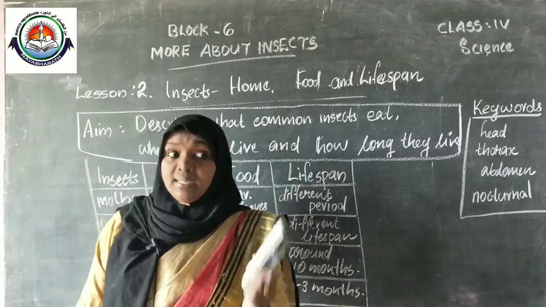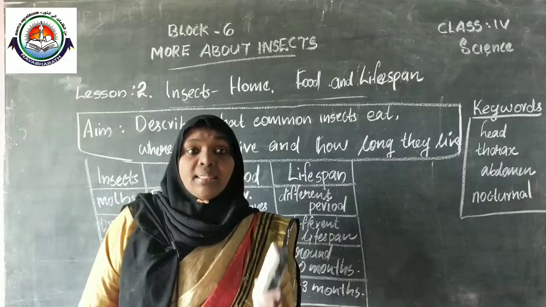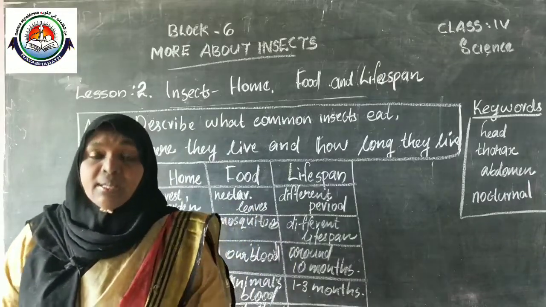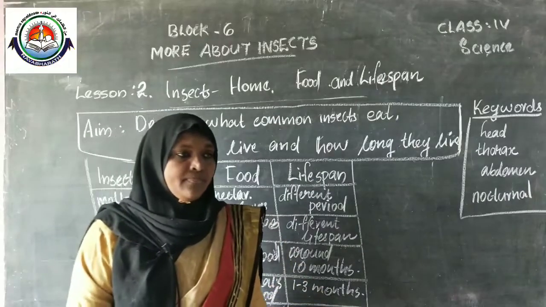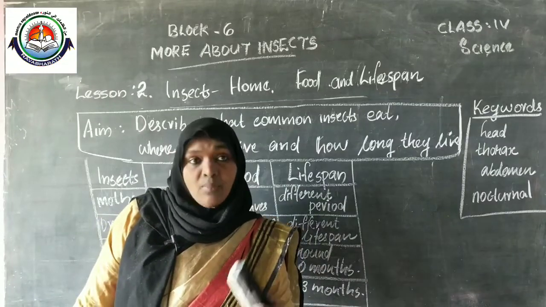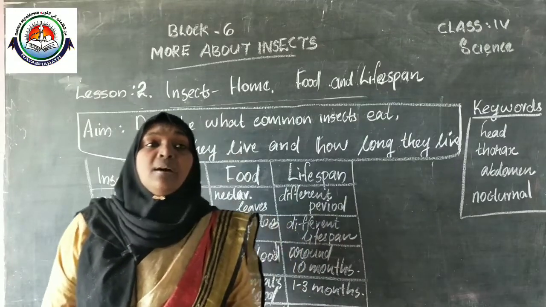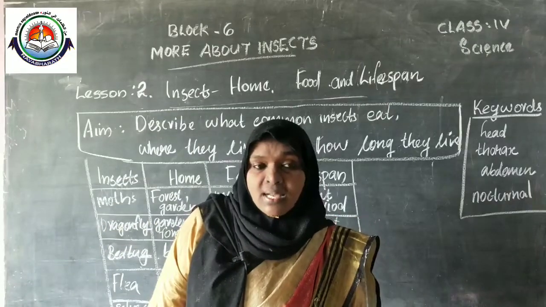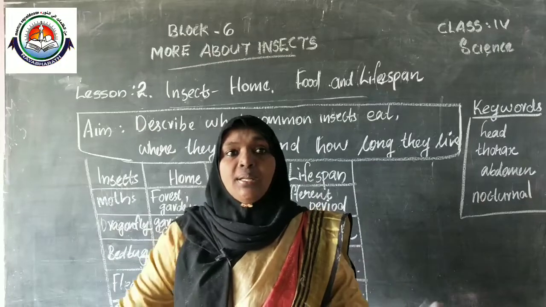Yes, they eat different things, they live in different places and they live for different times. Some insects are harmful to us, some are very helpful to us. Some insects are active during the daytime.